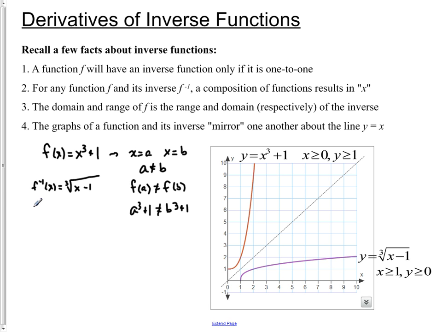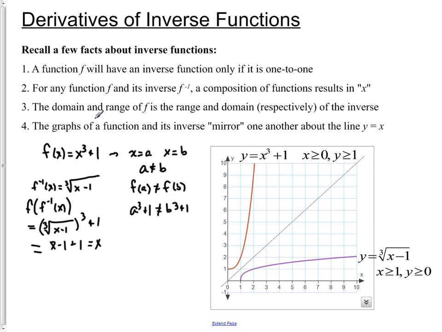We can verify that by using this composition here, f of f inverse of x, which would be equal to the cube root of the quantity x minus 1 raised to the third power plus 1, which becomes x minus 1 plus 1. Yeah, we just get x. And it would work the other way around as well.